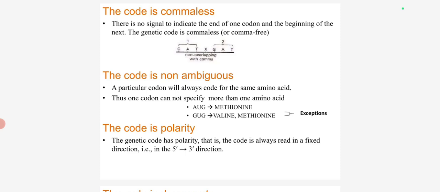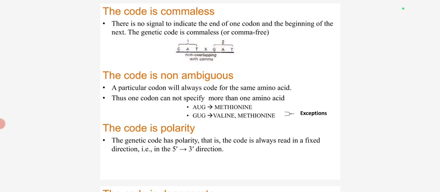Next one, the code is non-ambiguous. A particular codon will always code for the same amino acid. Thus, one codon cannot specify more than one amino acid. For example, AUG means methionine, GUG means valine.